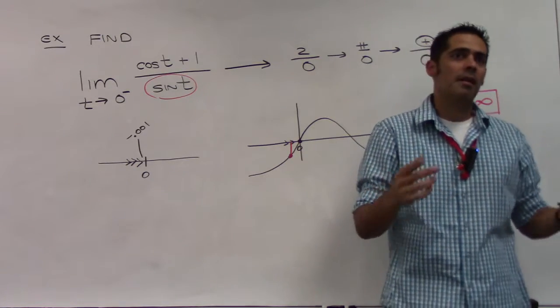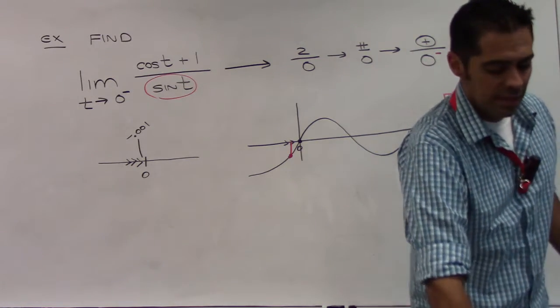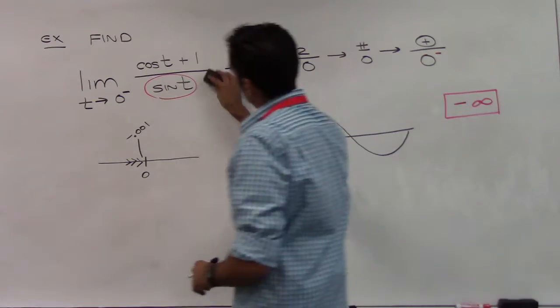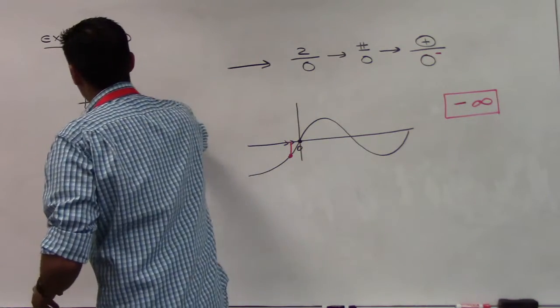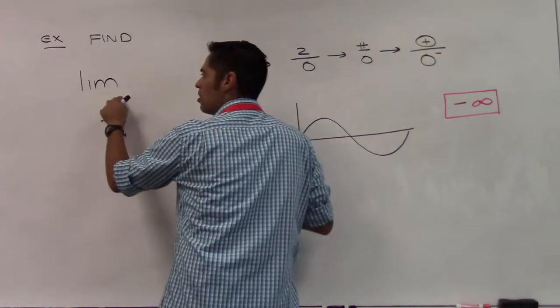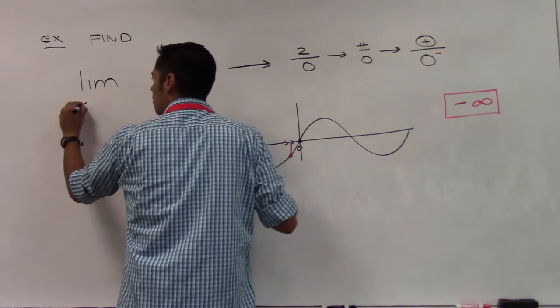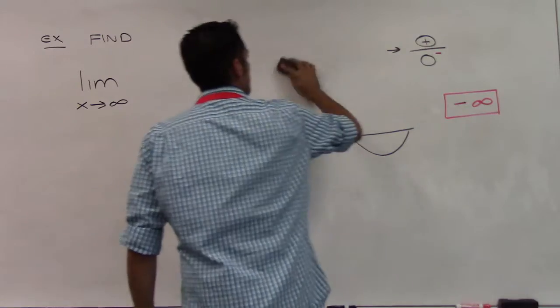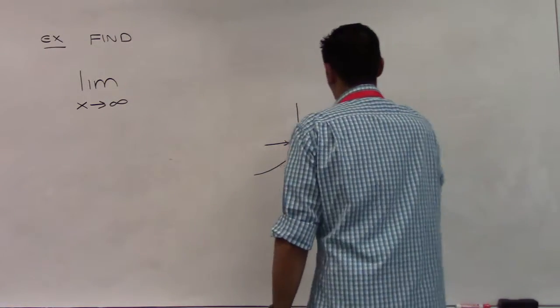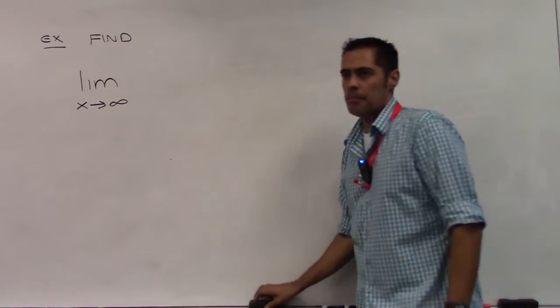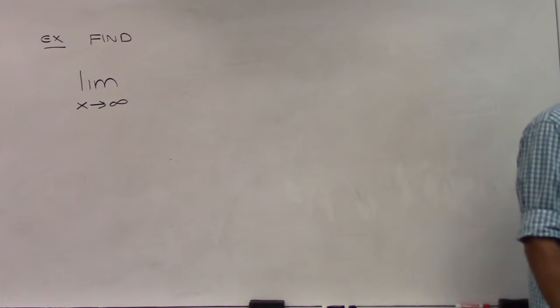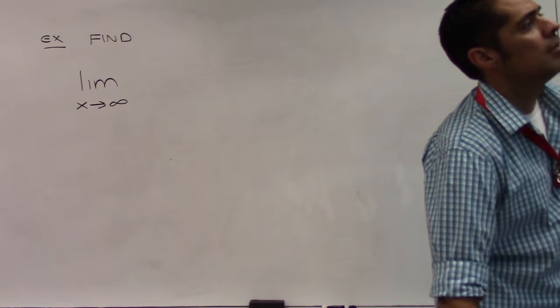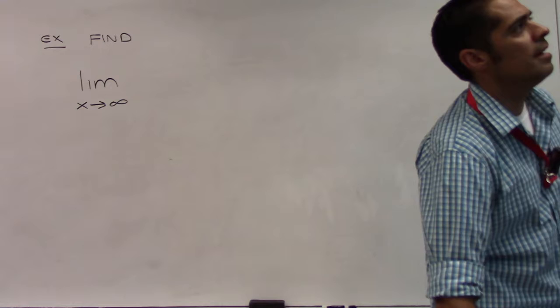The second part of this section changes the idea: instead of letting x approach a number, letting x approach infinity. And that's what we call limits at infinity.